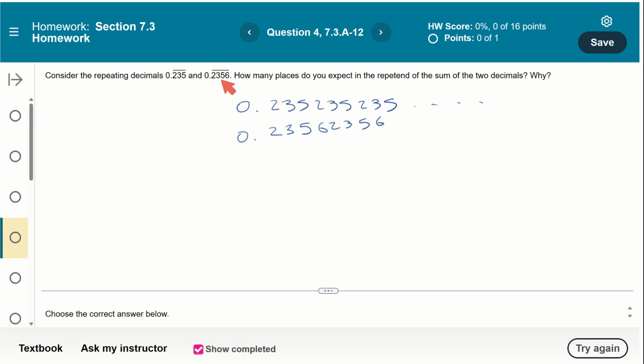If you think about it, basically this is going to be an LCM problem, right? So if you find the LCM, the least common multiple of 3 and 4, you get 12. So by the time you get to 12, they should start repeating.